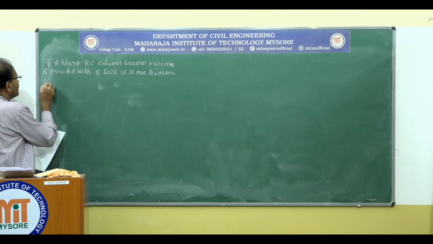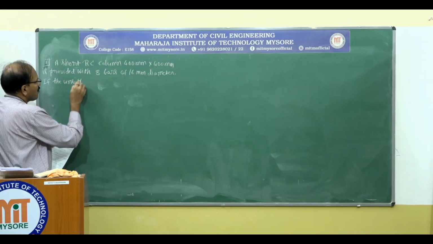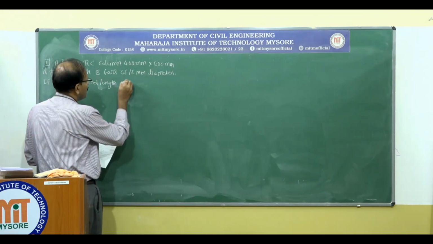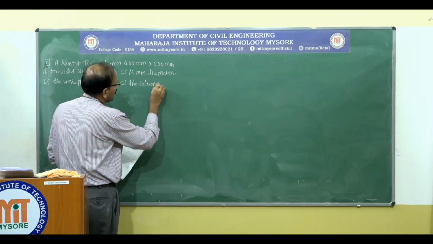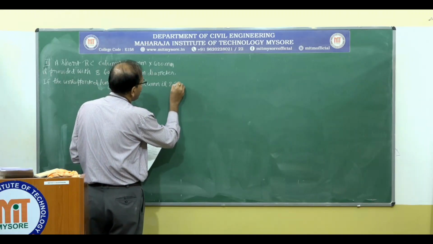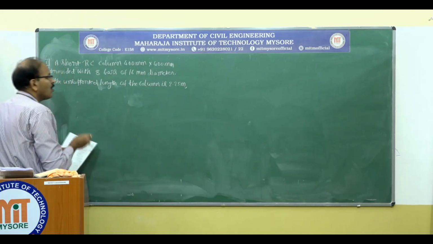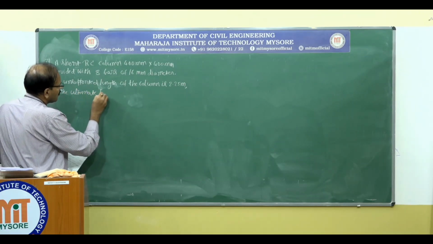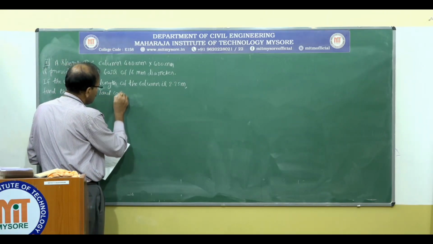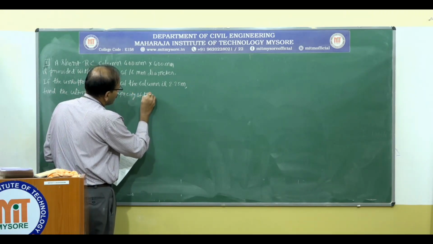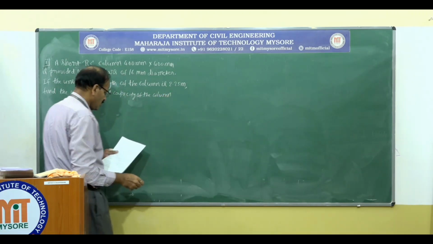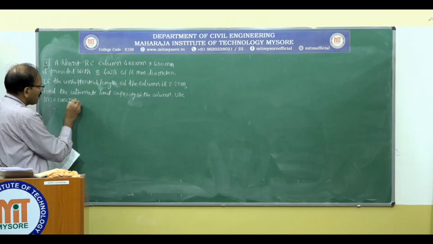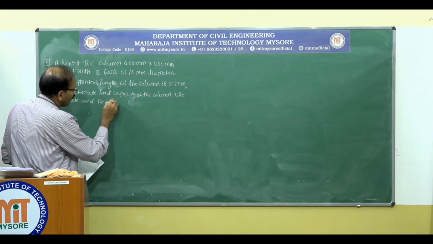If the unsupported length of the column is 2.25 meter, find the ultimate load capacity of the column. Use M20 concrete and Fe 415 steel.